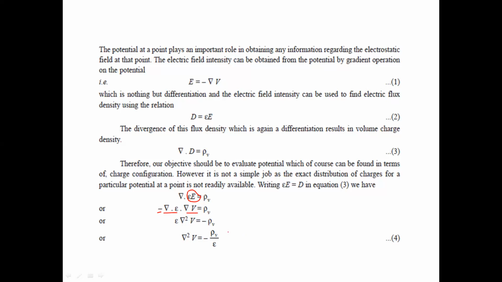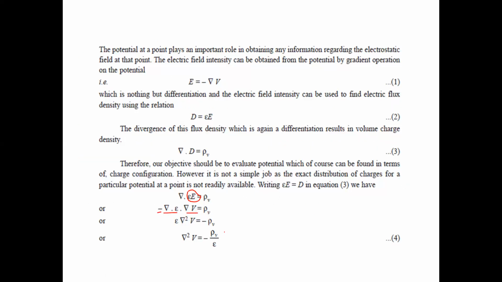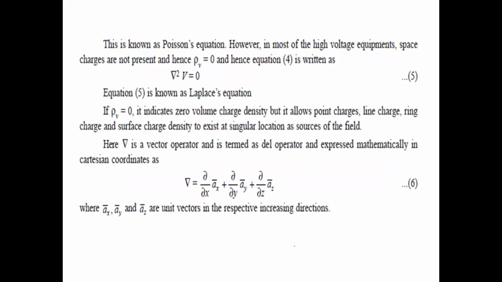So this basically is our potential equation, and this equation is called Poisson's equation. Now, this Poisson equation can be converted into a Laplace equation.